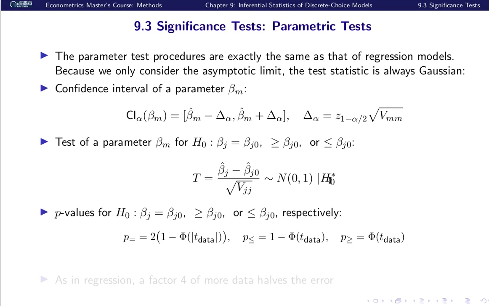Depending on whether you have a point test, a less-equal test, or a greater test, you have the corresponding expression, completely in analogy to regression models. And also as in regression, you need a factor 4 more data to halve the error. That's because of this square root, because this variance typically decreases with 1 over n.